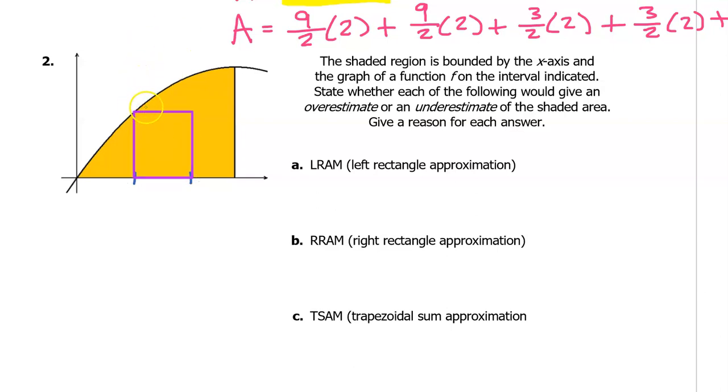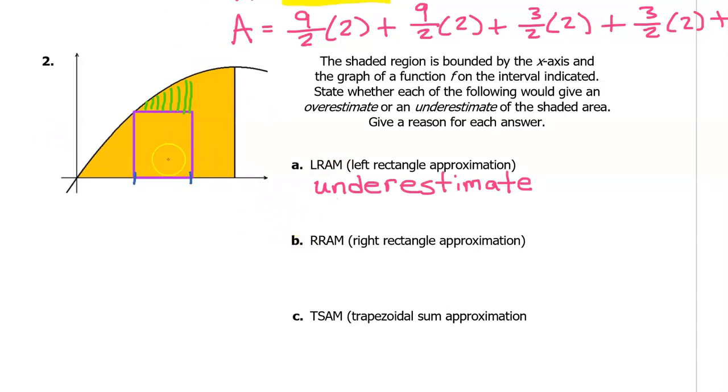So notice that in this case, we've got this extra space above the rectangle that's being left out. We are trying to use this rectangle to approximate this portion of the area under this curve. But the rectangle area is less than the actual area under the curve in this interval. So we have an underestimate.